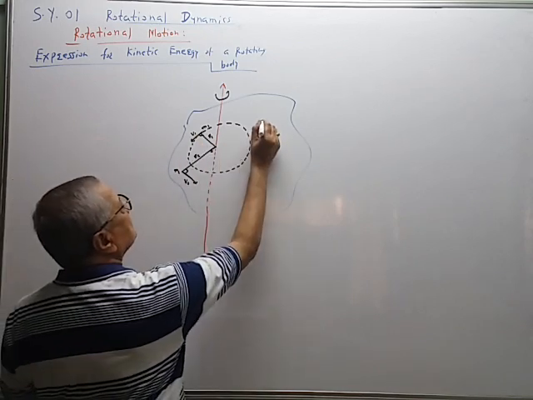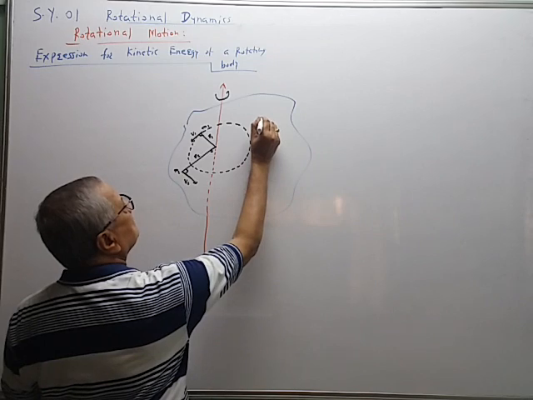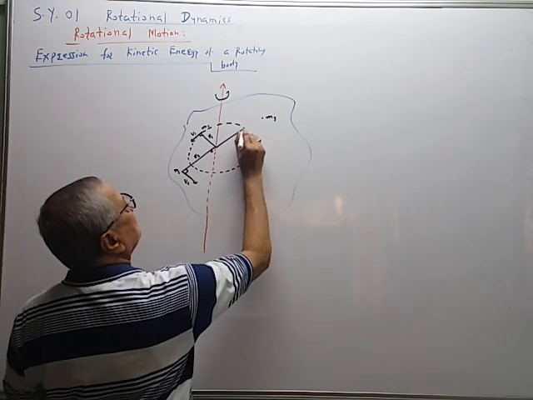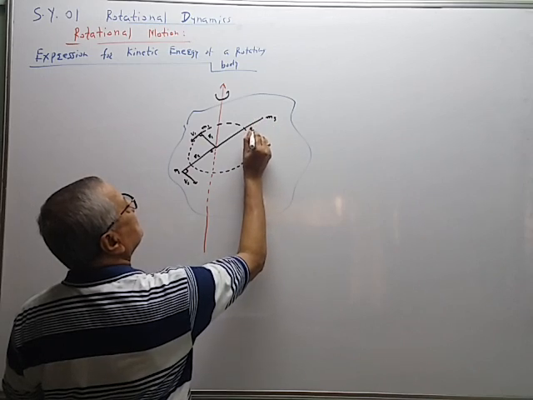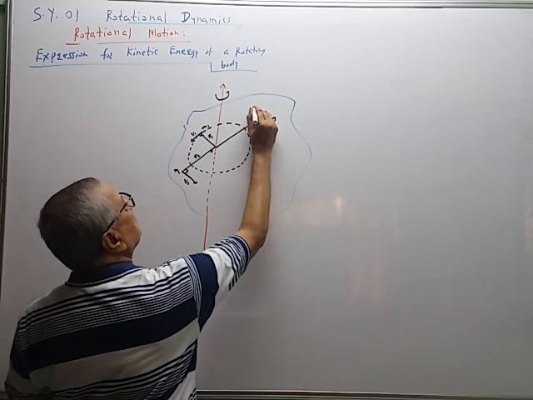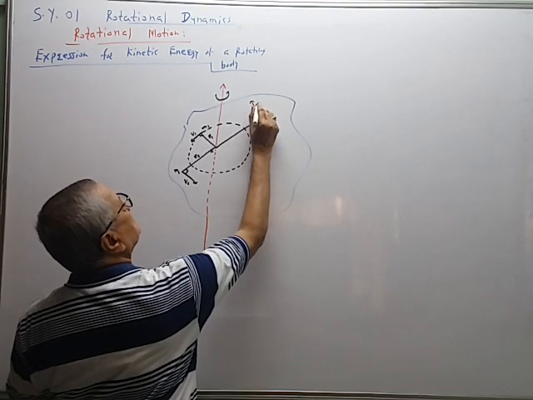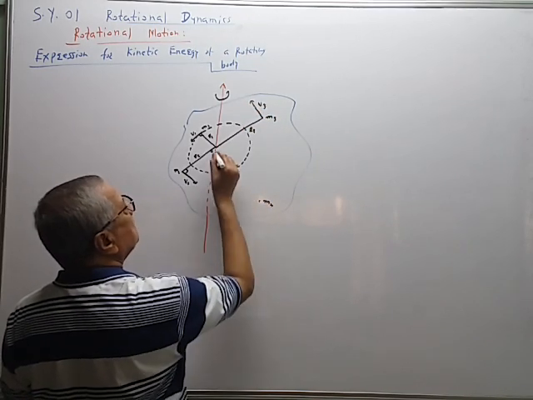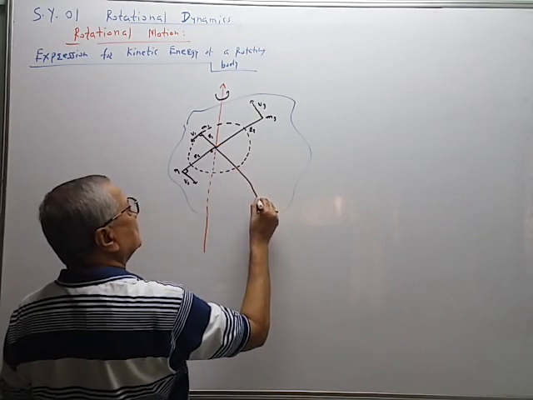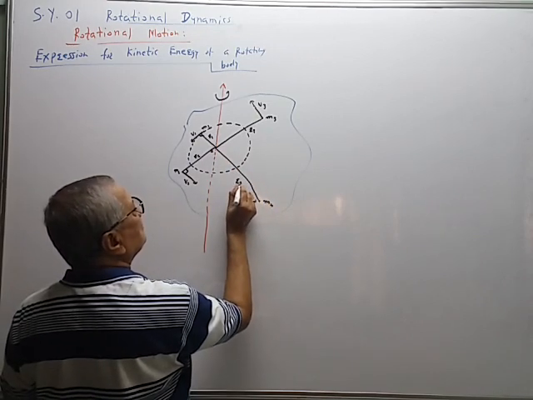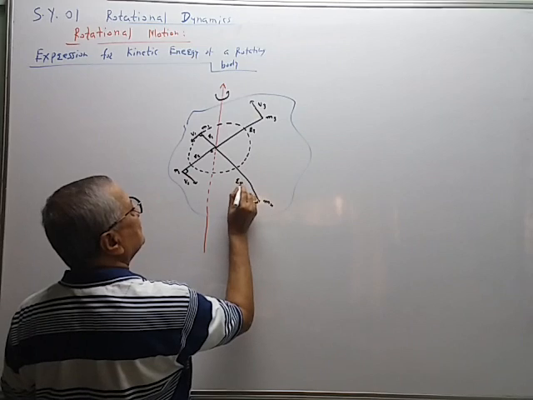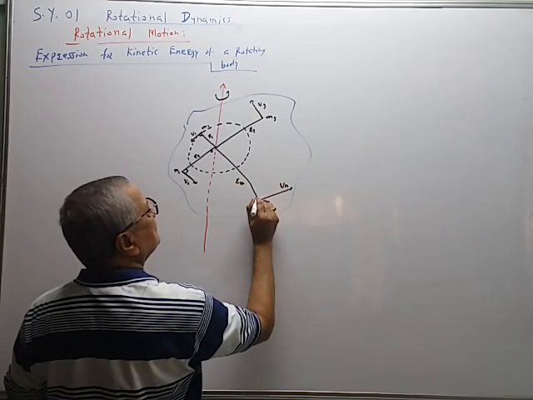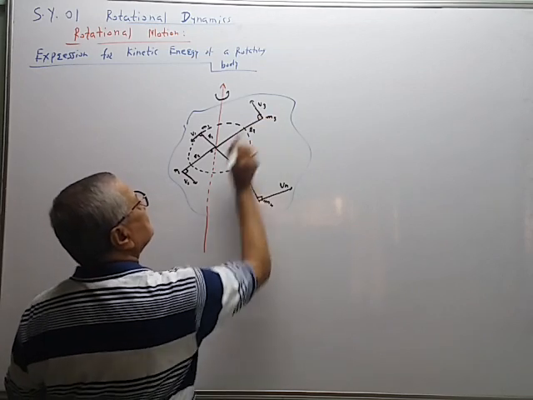Then if we consider the third particle m3, it is at distance r3 and has tangential velocity v3. This is the nth particle of mass mn. It also performs circular motion having radius rn, and its tangential velocity is vn. This angle is 90 degrees.